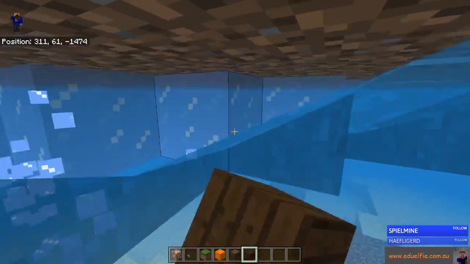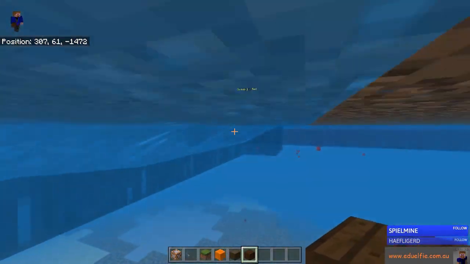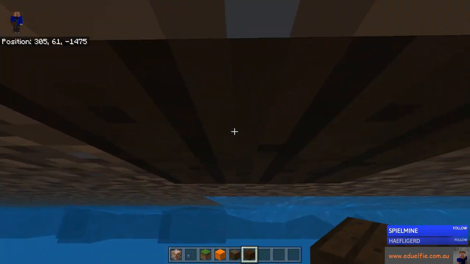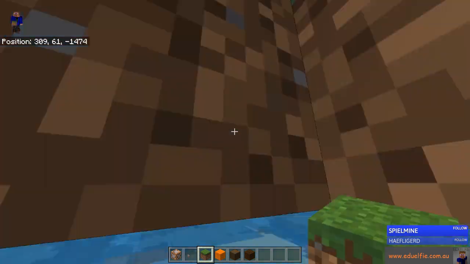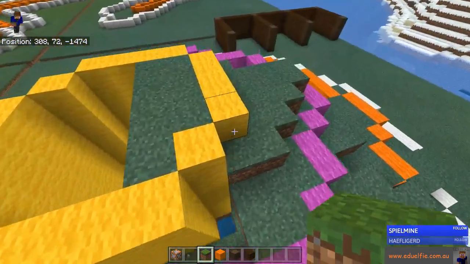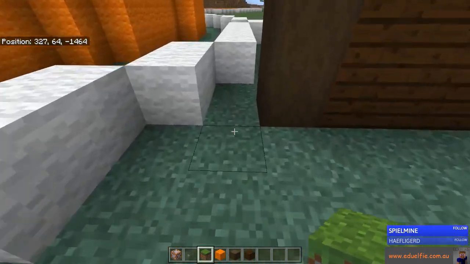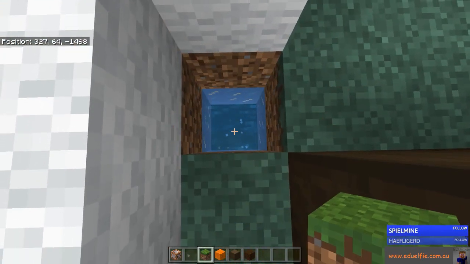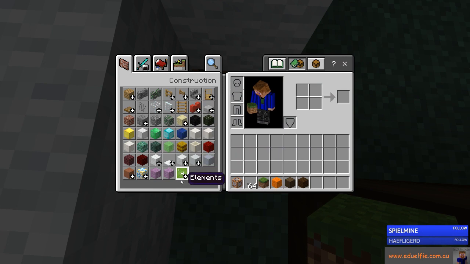Breaking. I probably should do this a somewhat easier way. Where's that hole? Not there. Ooh. There. Oh, nowhere near it. Okay. So we need allow blocks. Let's get them. Not elements.